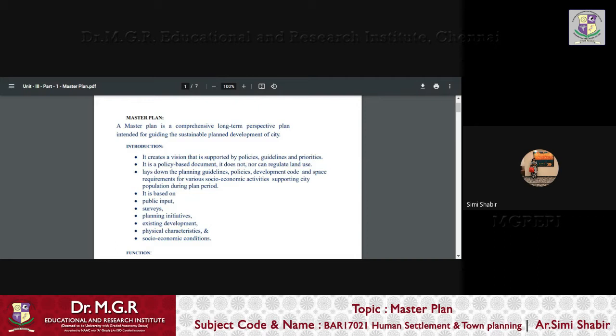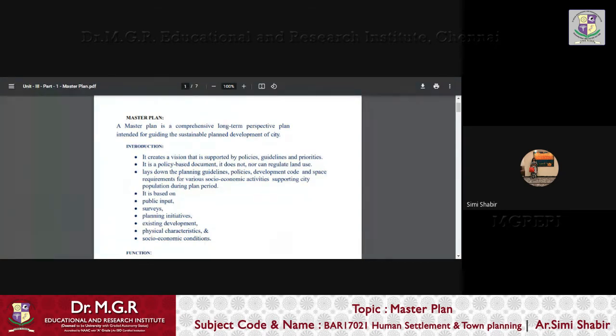So, when we start trying to understand town planning or city planning, the first aspect that comes to us is a master plan. A master plan, as the word goes, is not a plan as such. It is a fully planned, properly laid down set of criteria that is set for a particular period, for a particular city, and that shall be executed over a number of years.